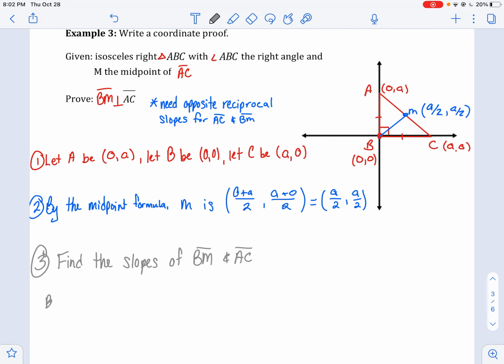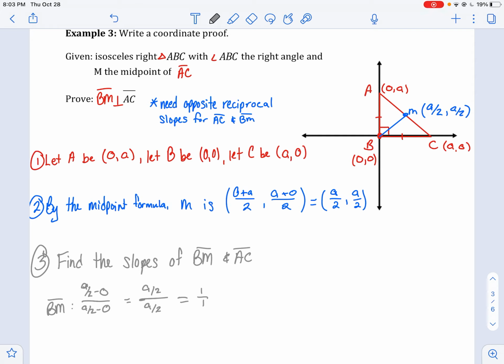So BM, that slope would be, let's see, y2 minus y1 over x2 minus x1, which would be a over 2 divided by a over 2. And I can simplify this because what is anything divided by itself?